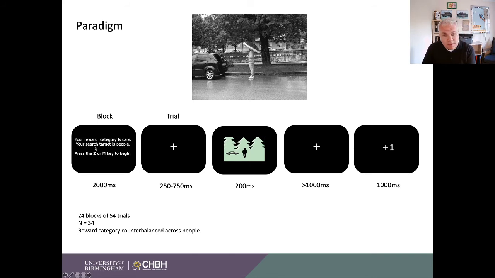And throughout the subsequent block of trials, participants just had to report the facing direction of people present in the scene. We ran 34 participants through this experiment, and we counterbalanced reward category across people. So half of the participants associated reward with the cars, half of them associated reward with the people, and importantly, all participants had to search for cars and people.